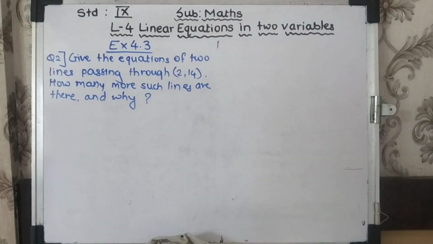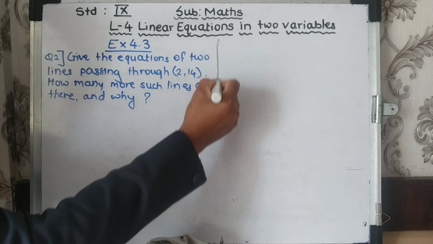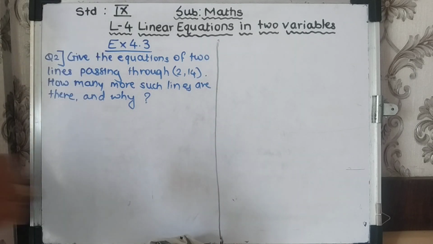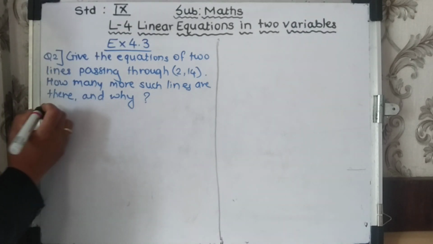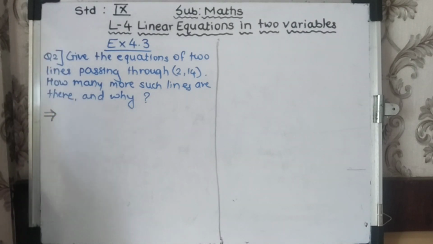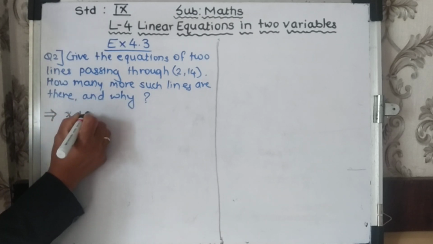For this we have to give the equations of two lines passing through these 2 points, right? We have to write their equations. So what equations may we have over here? It is up to us how to write it. Suppose I am taking the two variables x and y.